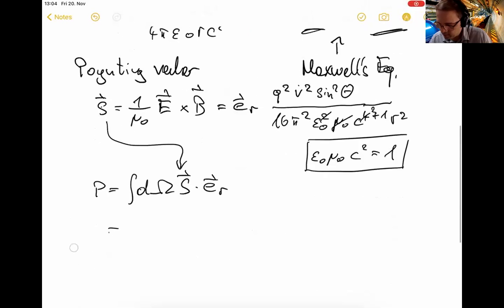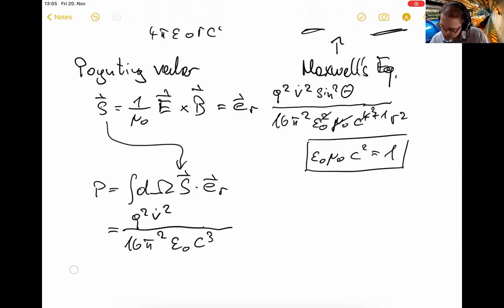Let's do it. I take all the prefactors I've just written. It's q squared v dot squared divided by 16 pi squared. I get an epsilon 0, I get the c cubed. I just explained before why there are 3 powers of the speed of light. And I get an r squared.